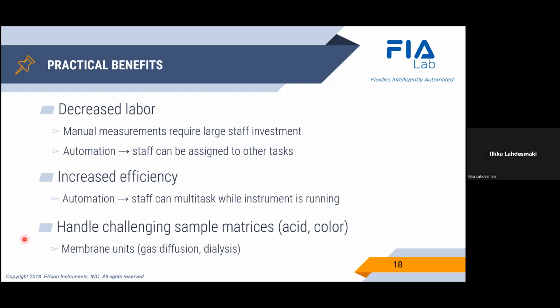And the final point has to do with the way that an FIA instrument can handle challenging sample matrices that are high in acid, have coloration, high in base, etc. This can typically be done with membrane units like a gas diffusion block or a dialysis block, where you can exclude or at least minimize that color or acid or base interference, which could be very tricky to do in a manual setting.